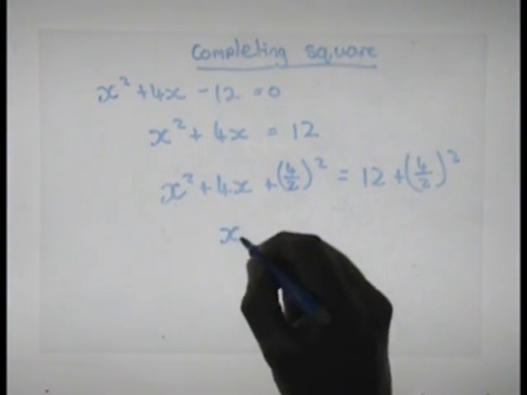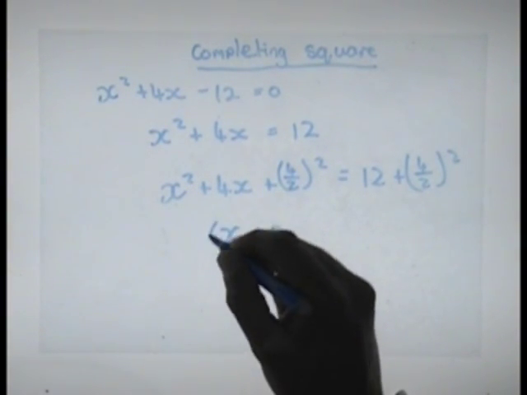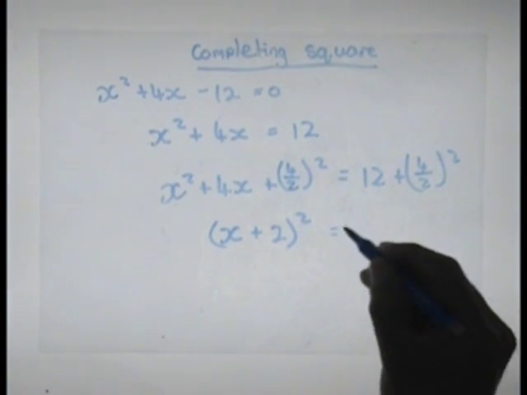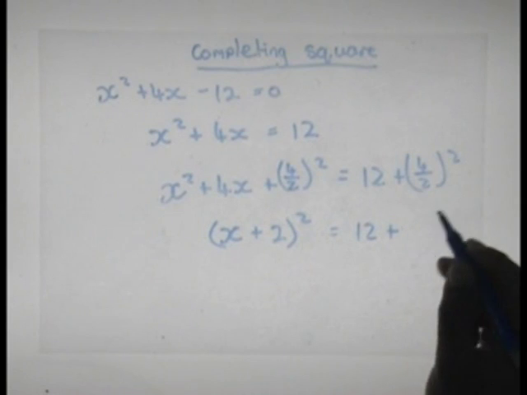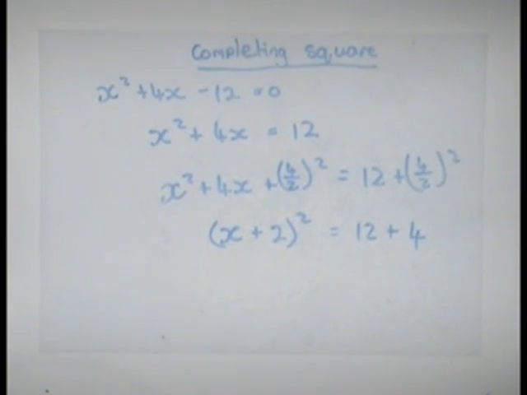This is going to become x plus, now 4 over 2 is the same as 2, x plus 2 squared is equal to 12 plus 4 over 2 is 2, 2 squared is 4.